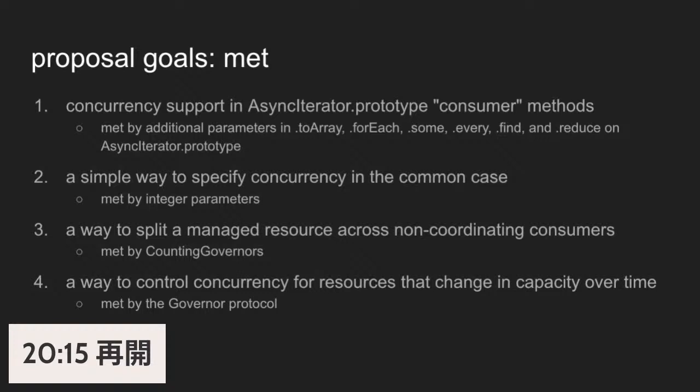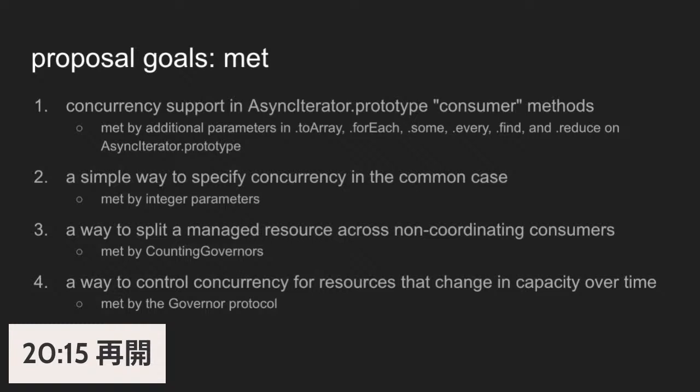I guess governor protocol is the key of this proposal, and in Node.js context or server side, they will require, if developers would like to create a more proper governor model, they need to get OS information like CPUs and memory, stuff like that, I guess, so they can control.